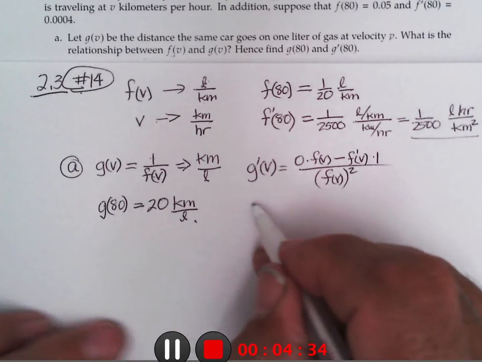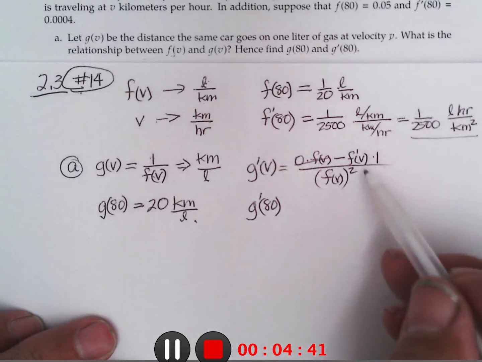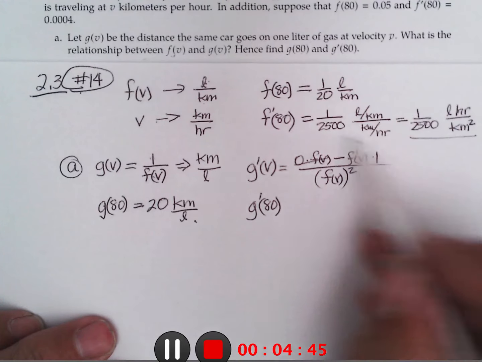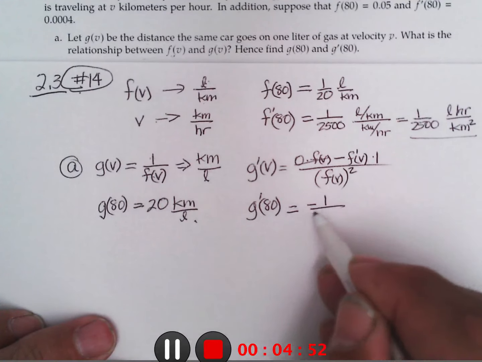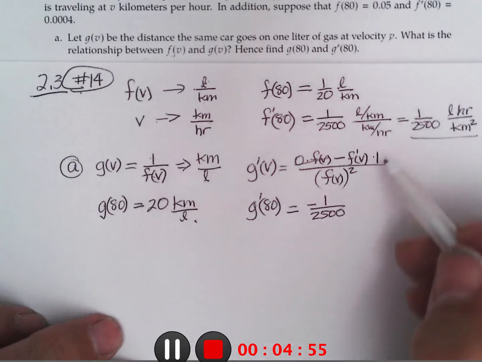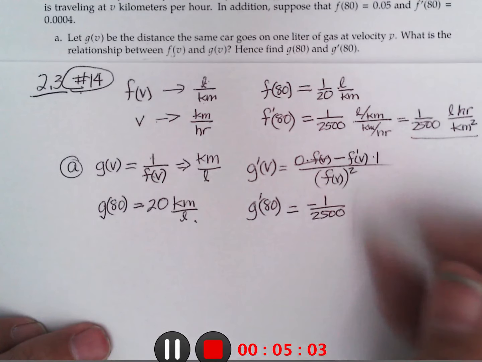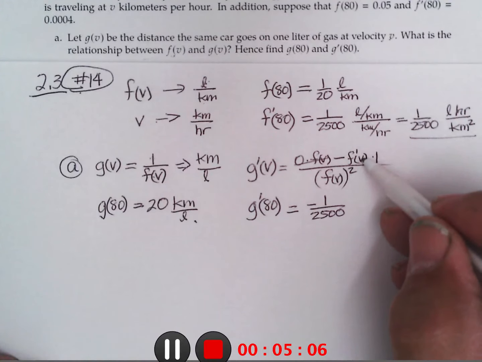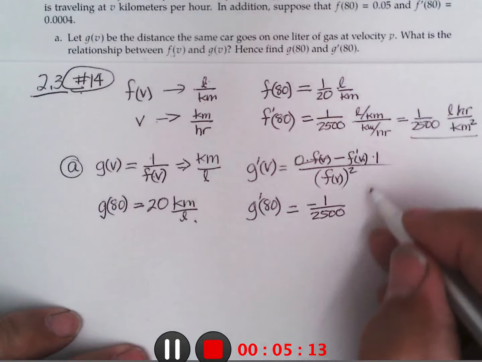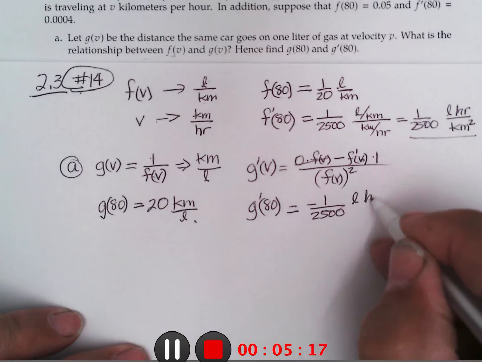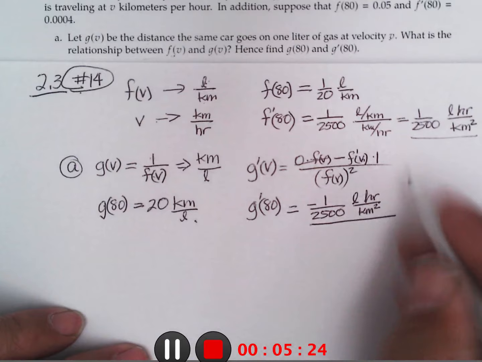So G prime of 80, this is 0, and we get negative F prime of V. F prime of V is negative 1 over 2500, and the units, let's see, the units on F prime of V were liter hours over kilometers squared, divided by F of V squared.